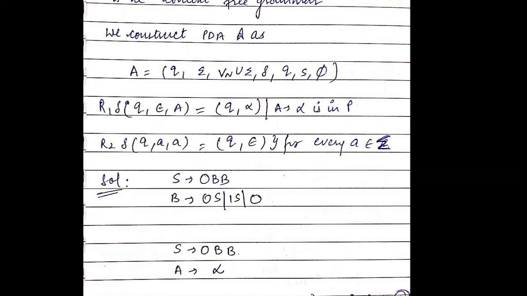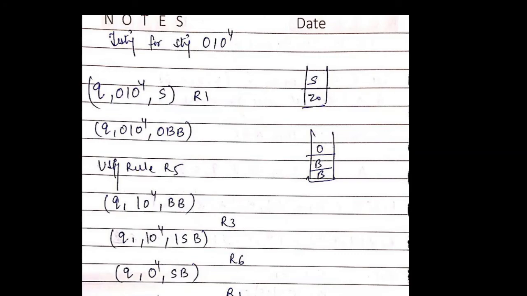Let's prove by using a string that this is the corresponding PDA for the grammar. Let us test the string 0 1 0 power 4. It is accepted by the given grammar, so it must be accepted by the given PDA.